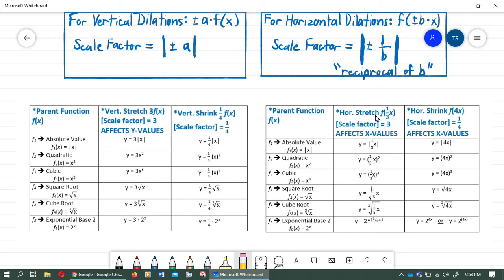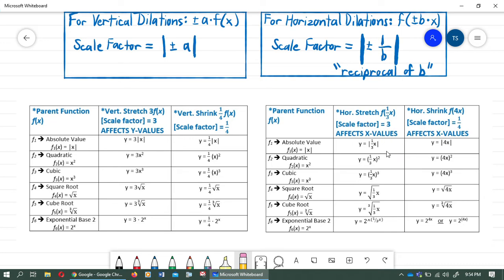That doesn't even sound right. Technically, that sounds like it should be wrong. But I've told you that horizontal transformations are going to seem counterintuitive, and sort of be the opposite of what you would expect. So yes, for a horizontal stretch, it is okay for the inside to be multiplied times 1/3, and it still be a horizontal stretch.